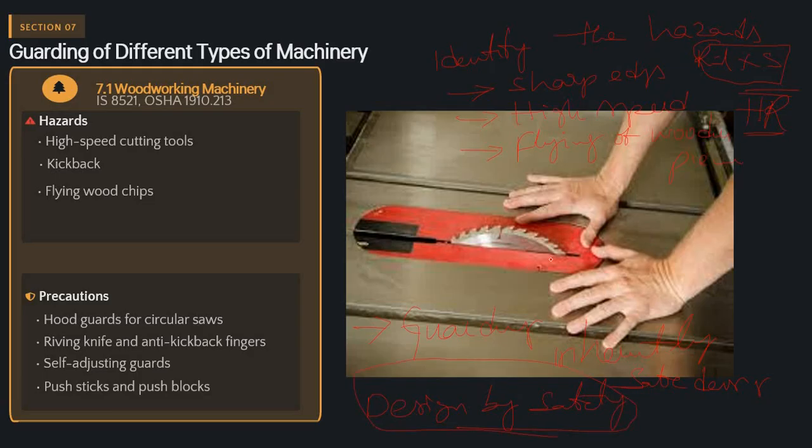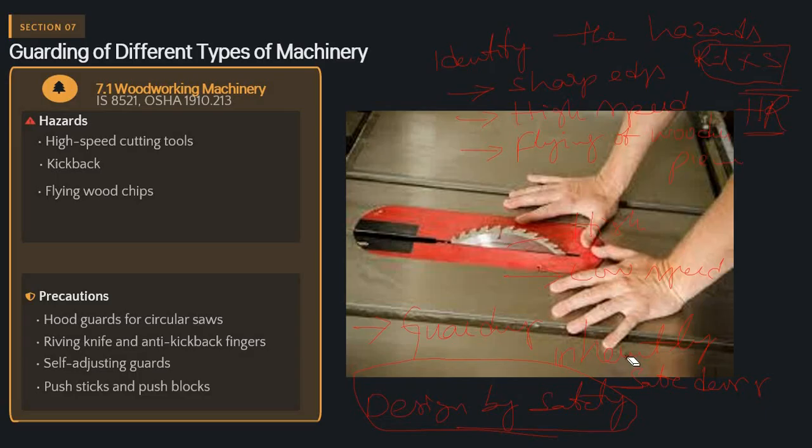For example, this is a high speed rotating blade, so whether it is possible to use a low speed. Design by safety is nothing but instead of a high speed rotating blade, whether we can go with a low speed. Like that we need to consider in ISO 12100. And also safeguards. Now comes the guarding.